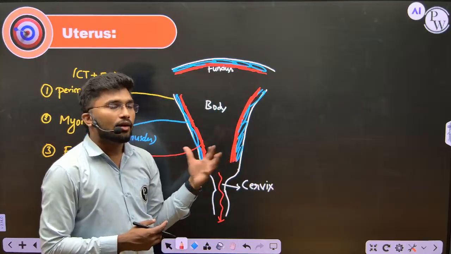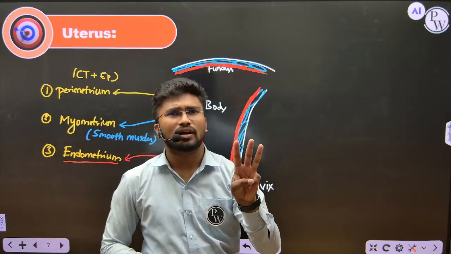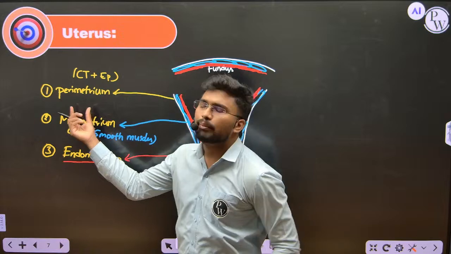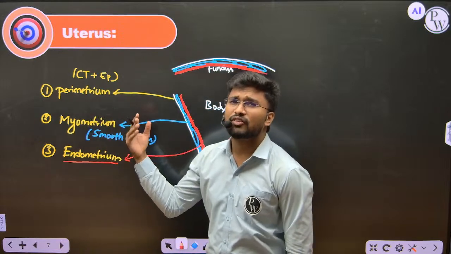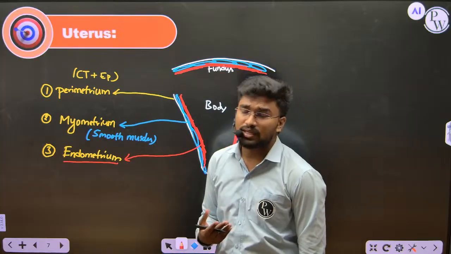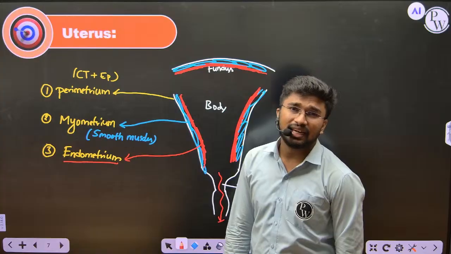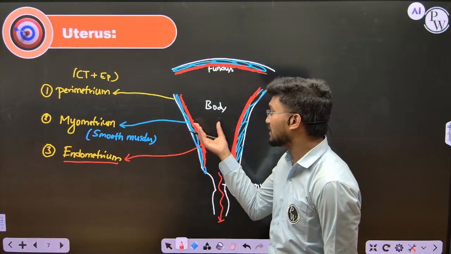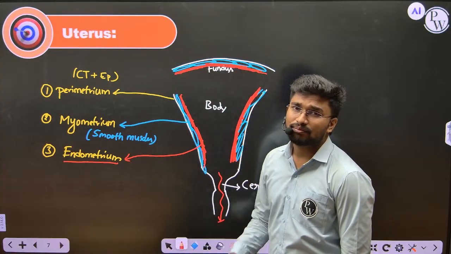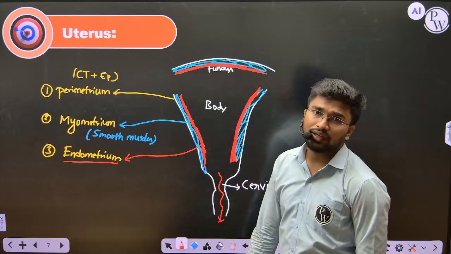This uterus is made up of how many layers? All of us know it is three. The outer layer is called perimetrium, made up of connective tissue. The middle layer is called myometrium, made up of smooth muscles, and the inner layer is called endometrium, which is highly glandular, with blood vessels and blood supply. If fertilization does not take place, this leads to shedding of the endometrium.